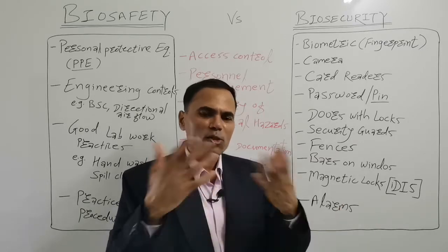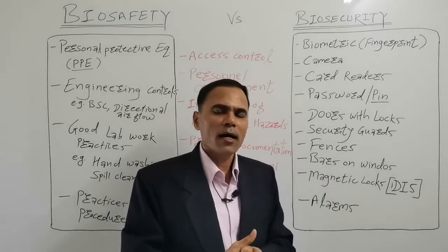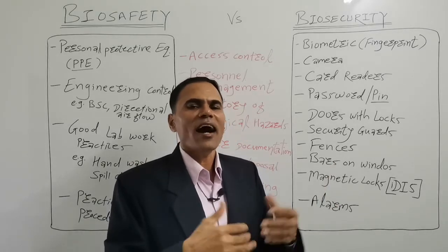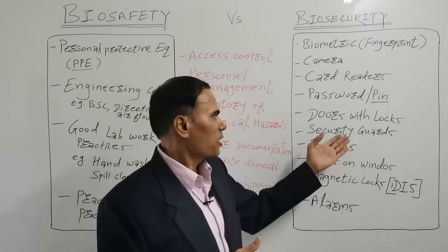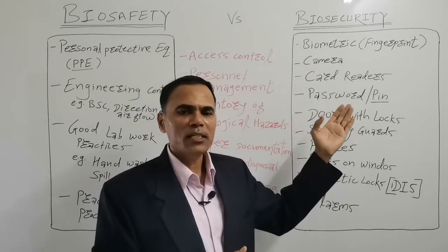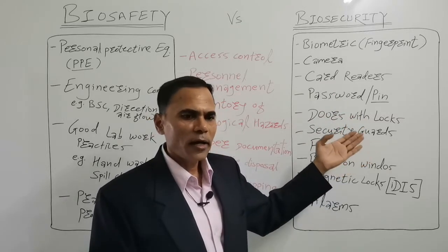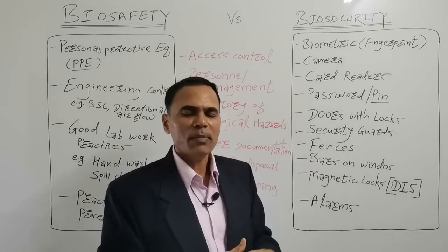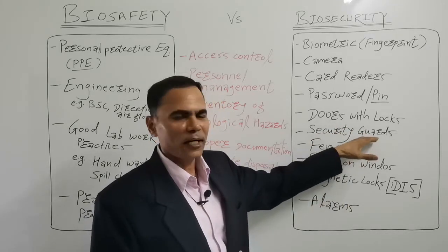That company or university or center of excellence will have guards who keep an eye on people's movement. In the case of the containment facility, when the researchers are coming and going out, these security guards can keep an eye to make sure that everything is fine and under control.